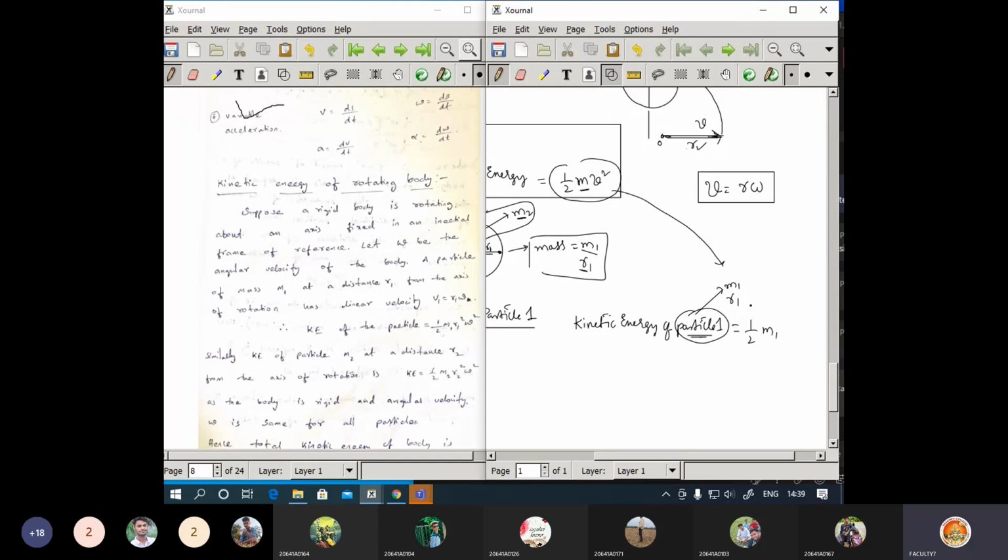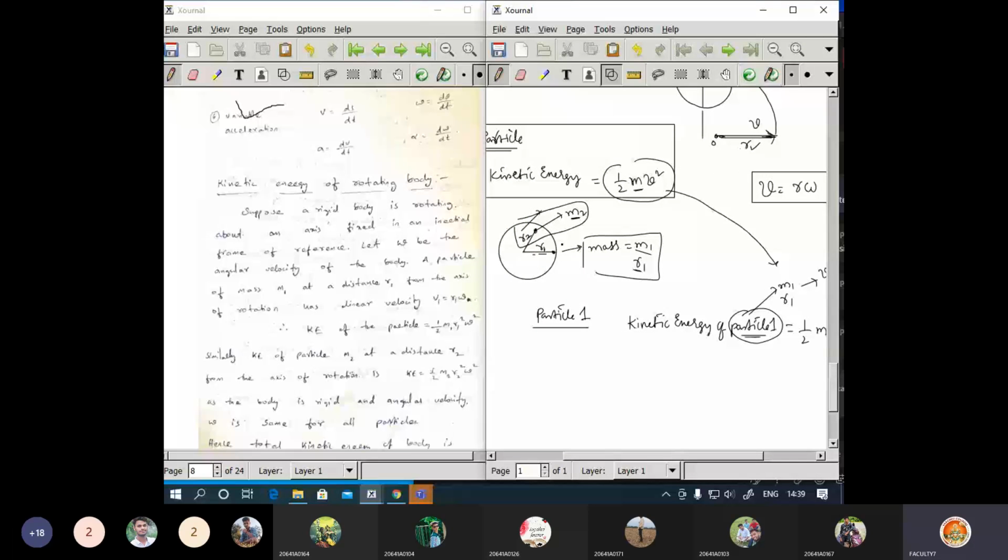For the first particle, v1 will be the velocity, r1 is the position, and omega will remain the same, because it is on the same object.